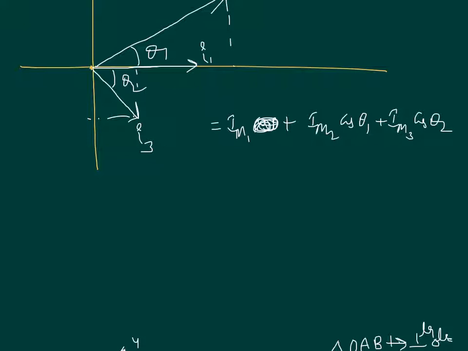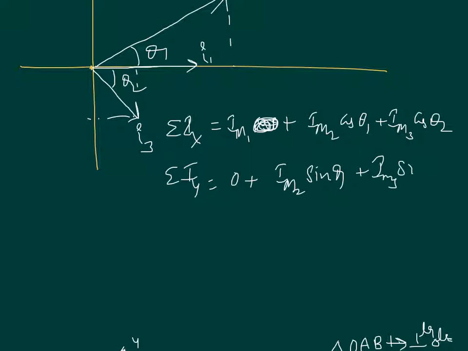This is the sum of total x components, Ix. Similarly, the sum of y components will be 0, plus Im2 sin theta 1, and minus Im3 sin theta 2.